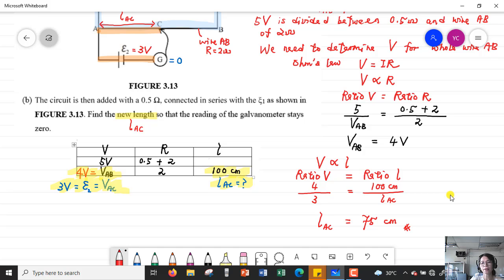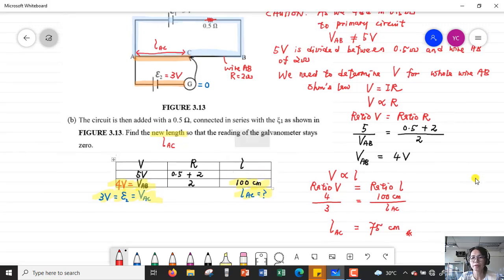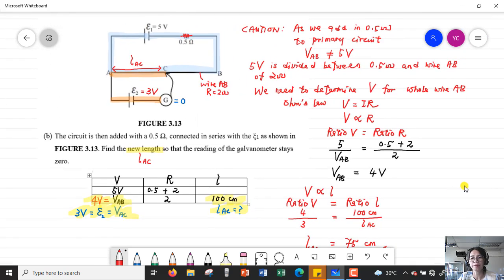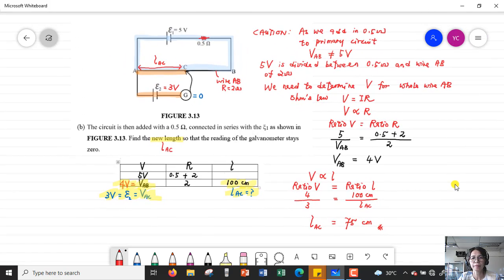Okay? So class, be careful. When we add in one external resistor to the primary circuit, we can no longer say the whole wire takes the value of 5 volt.